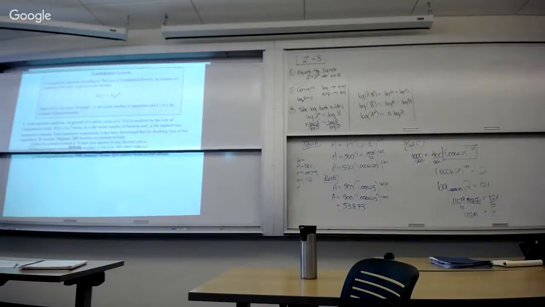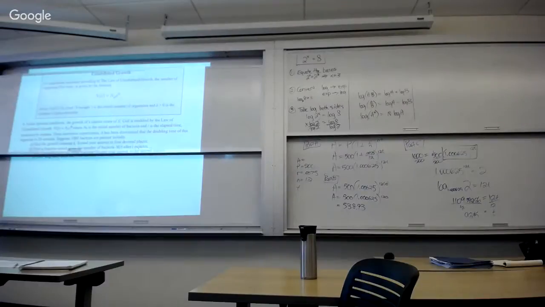So uninhibited growth. If a population increases according to the law of uninhibited growth. Now, what does that really mean here, folks? Let's just break this down. We're talking about biological organisms like bacteria or rabbits or foxes or bears. And uninhibited growth means how frequently are they mating and producing offspring? As often as they want.